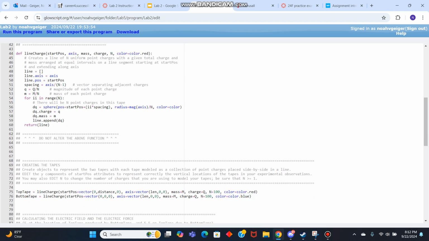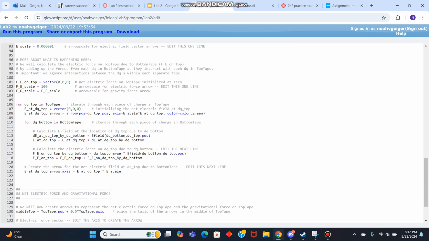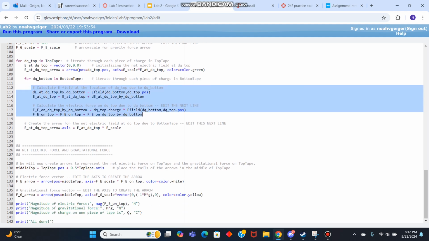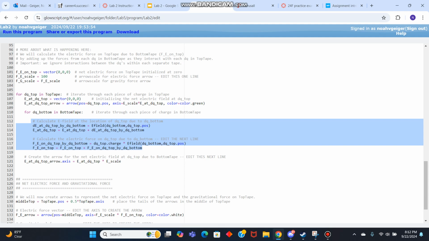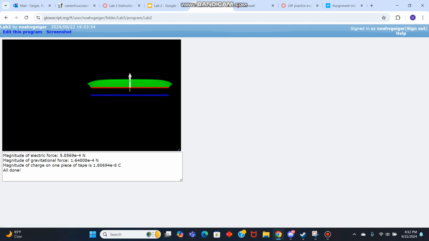And if we move down here into these areas, what this is doing is basically adding up all the charges together so that we can get E net, and we're going to run the program here.